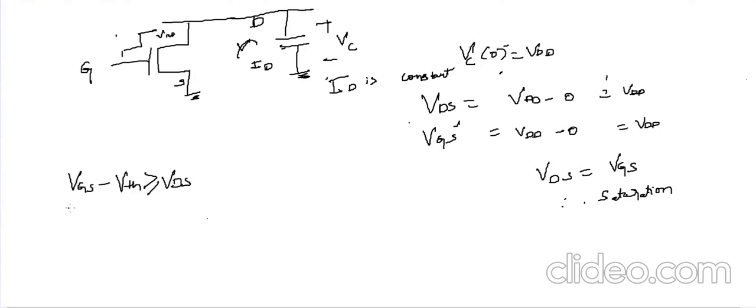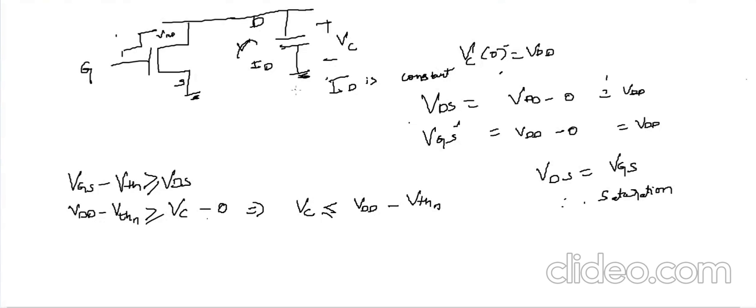So if we take VGS, which is VDD minus VTH, if we take VTH of VTHN, should be greater than or equal to, what is VDS? VDS is VD minus VS. VD is VC minus 0. So we get VC should be less than or equal to VDD minus VTH of N.